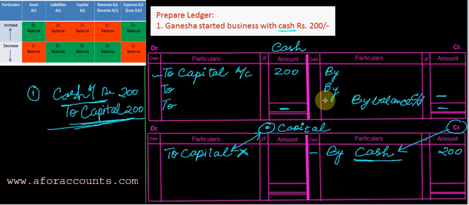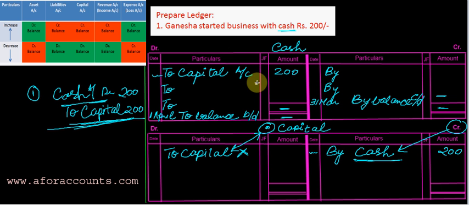Say it is 31st March, date here 31st March, and next month you will bring it down, that is on 1st April, and it will be written as to balance brought down, the amount mentioned here. Don't worry about this much. We'll do it again and again and you'll get this in place.